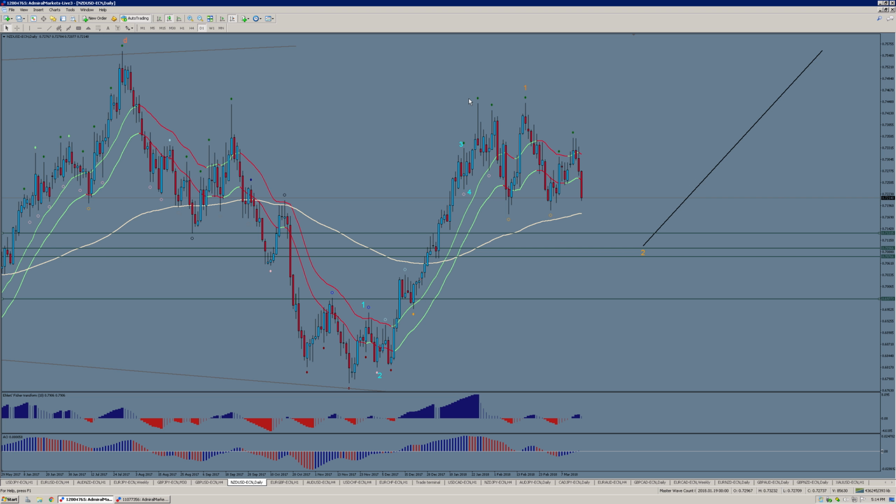You might want to, say, trade on a 1-hour chart or a 15-minute chart, but get yourself a bit more established as to what's going on on a bigger scale, because the bigger scale will always affect and dominate what's happening on the smaller time frames.